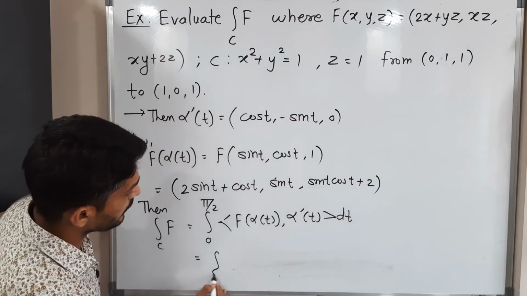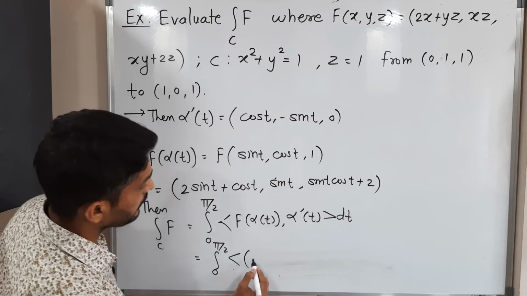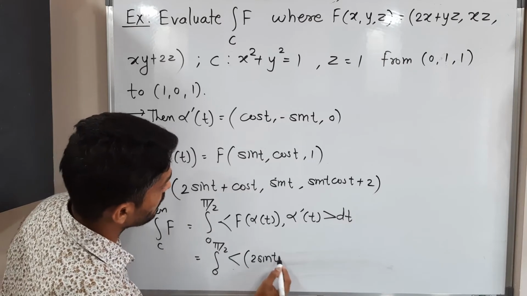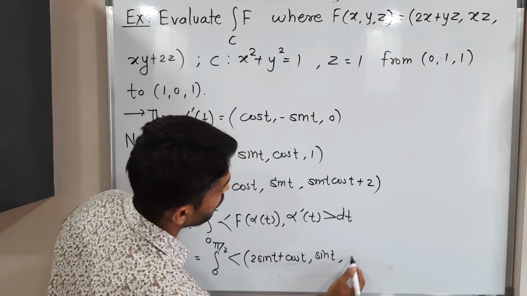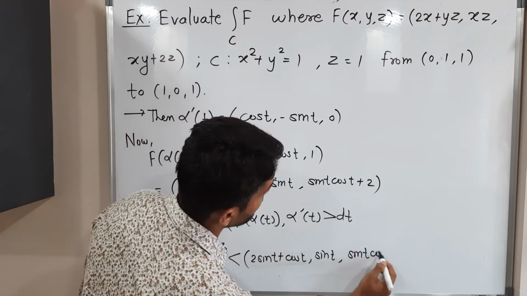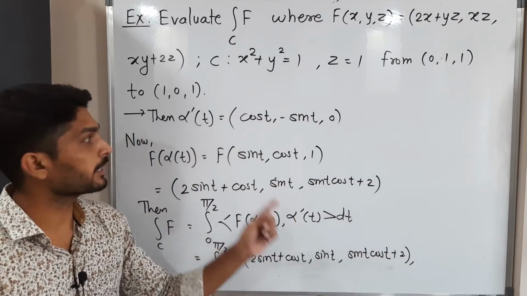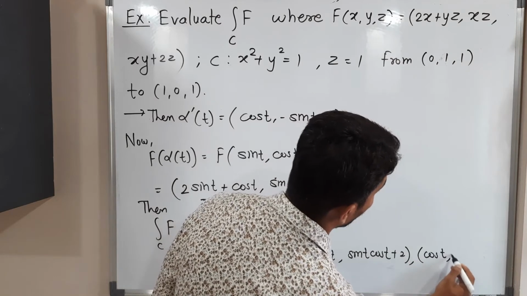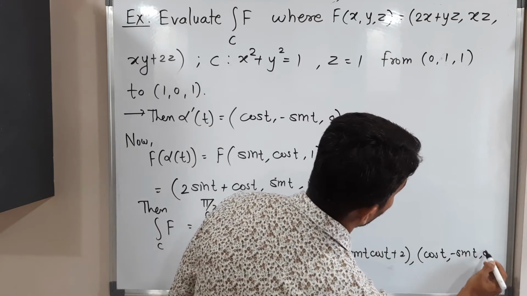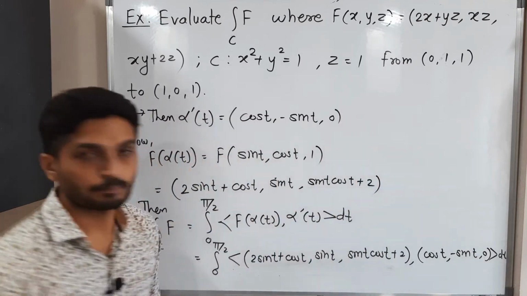So this is equal to integration 0 to pi by 2, f of alpha of t, complete thing I need to write: 2 sin t plus cos t, comma, sin t, comma, sin t cos t plus 2. Okay, this is f of alpha of t. What is our alpha dash of t? It is cos t, comma, minus sin t, comma, 0. Okay, and after that we need to write dt.